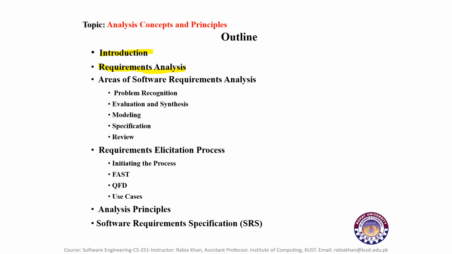After introducing the topic, we then had a detailed understanding of the major areas in which we divide the requirements analysis phase. So these are the 5 main areas in which an analyst performs different sets of activities: problem recognition, evaluation and synthesis, modeling, specification, and the 5th one is review.